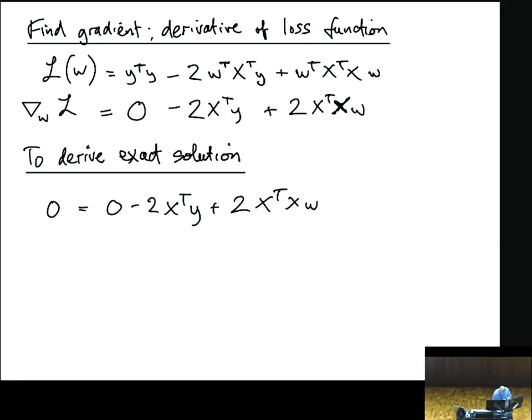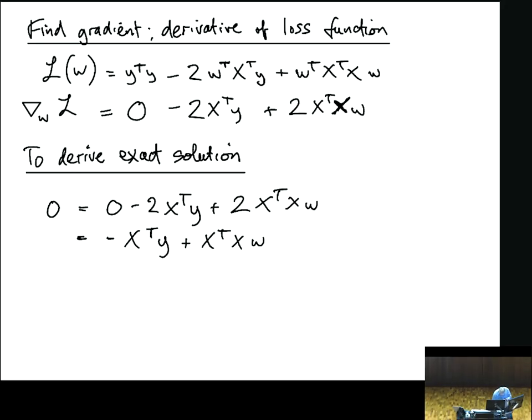So I'm going to get minus x transpose y plus x transpose x w. And does anyone see the next step? What did we do? If you remember the solution from last week, you might remember. Yes, we just changed sides and then solve for w.